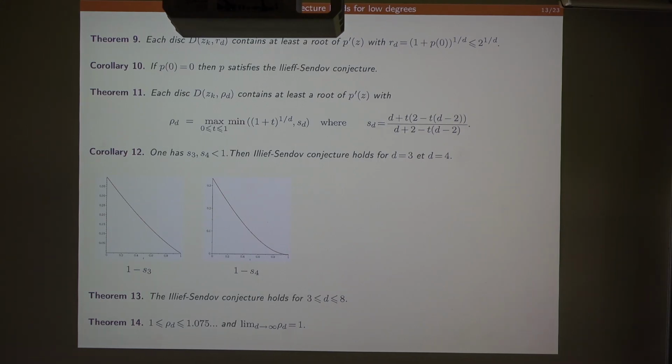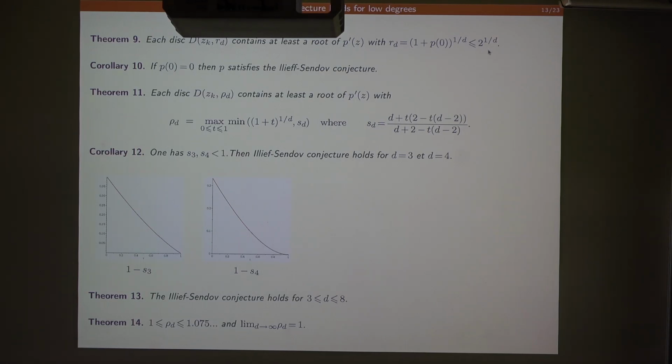And asymptotically, the conjecture holds because you have this property. Each disk centered in a root, with this radius, contains a root of the derivative.